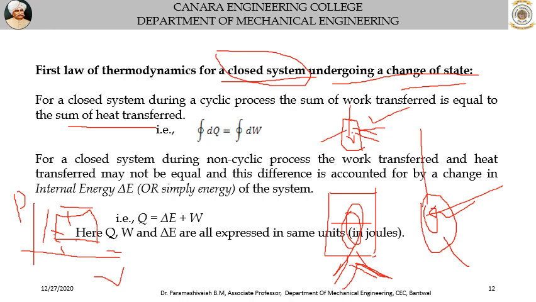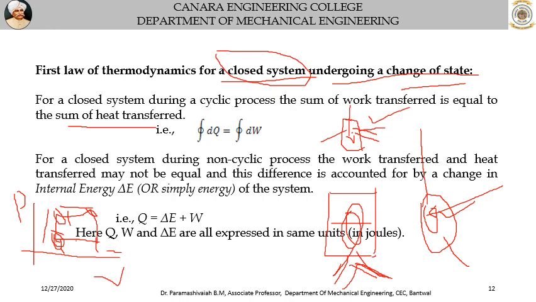The state at which it began is 1, with pressure P1 and volume V1. Then 1 to 2 expansion, 2 to 3 again increase in pressure, 3 to 4 compression where volume reduces. Like this it undergoes different processes, but the beginning and end of the cycle are the same. So that set of processes is called a cyclic process. A cyclic process is one in which the beginning and end states are the same.